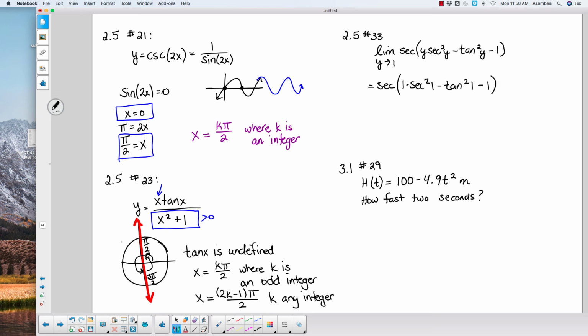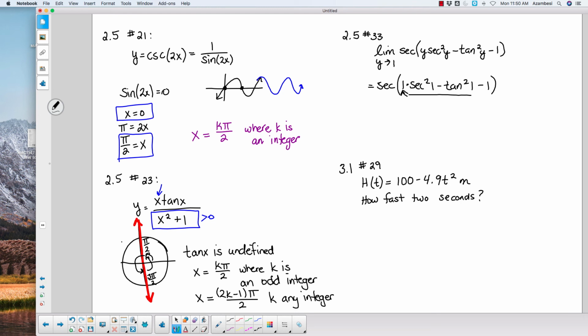Now, the 1 on the front is just going to go away because 1 times secant squared just gives me secant squared. What I'm really looking at for trying to simplify this thing right now is this part, secant squared minus tangent squared. Smells like a Pythagorean theorem to me.